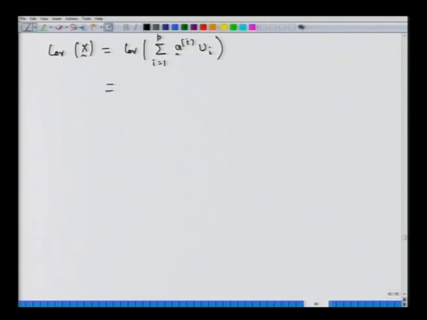If we write it in this form, then the covariance is the summation i equal to 1 to p of a_i times the covariance between u_i and the other term, which is of course going to be equal to 1, because it is the covariance between u_i and u_i in this summation, and between u_i and u_j that is going to be equal to 0.